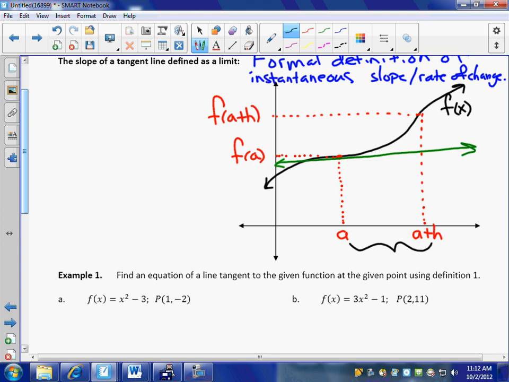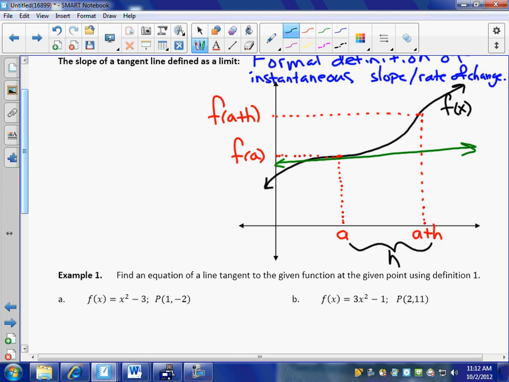What is the distance between these two x coordinates? H. This is A, this is A plus H, so the difference between the two points is H.